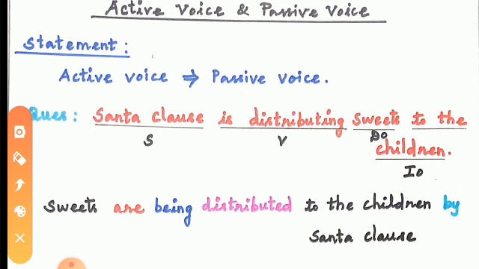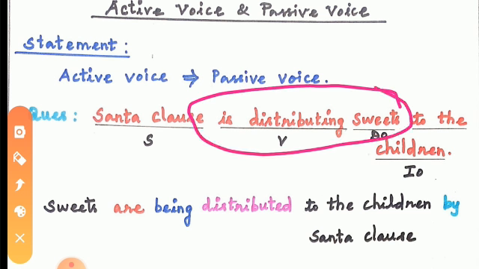Next, we have to add a suitable be form verb, according to the tense of the verb presented in the active sentence. We have present continuous tense here, is distributing, and here we used sweets as a subject which is plural, so I add are as a be form verb.